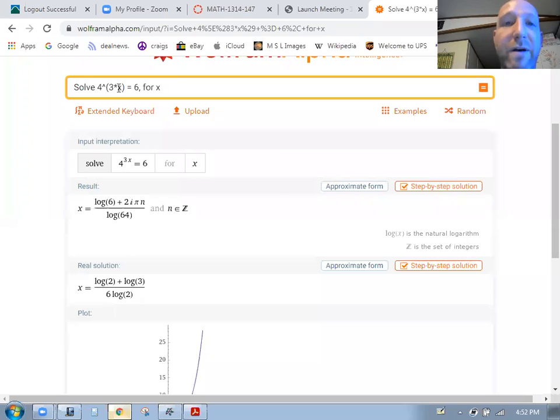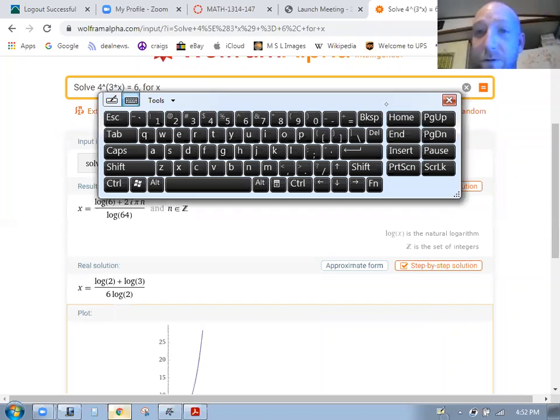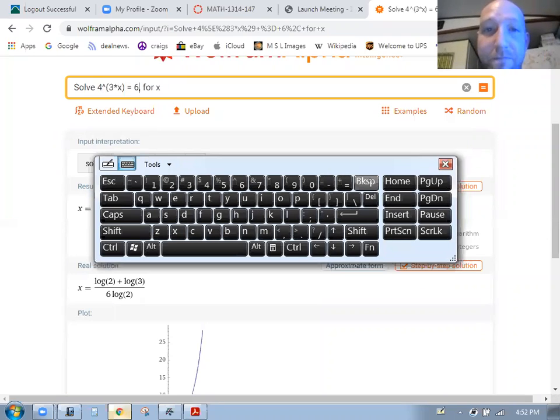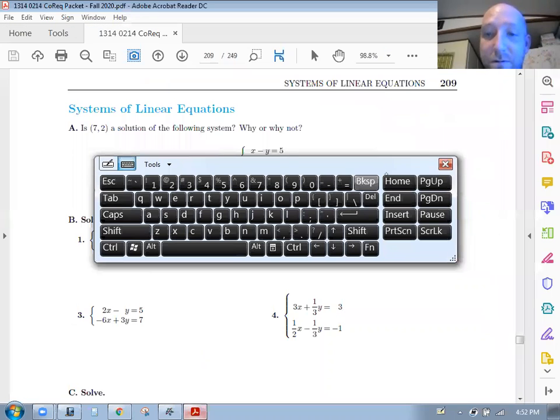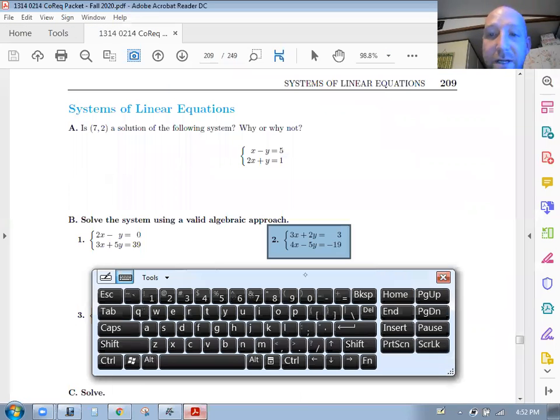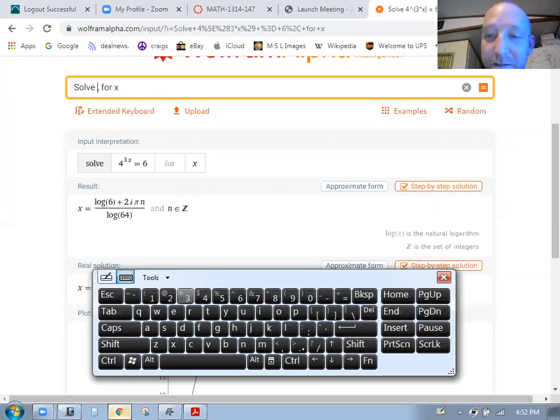Let's check Wolfram Alpha. Let's see if we could figure out how to make it solve 2 equations for us. I've never done this, so let's see what it is. 3x plus 2y equals 3. I'm just going to try a comma.